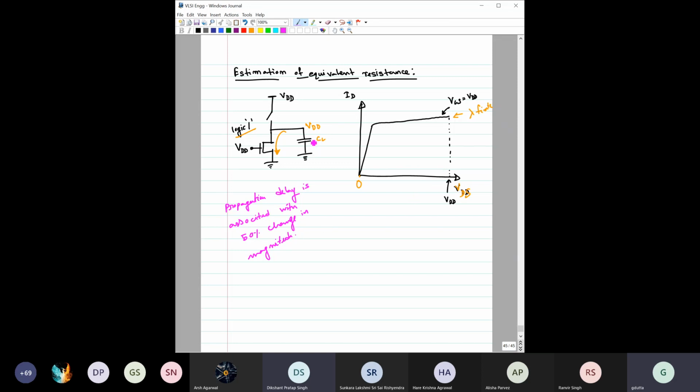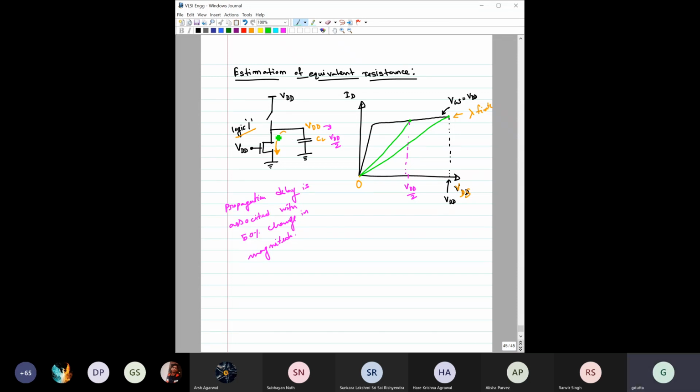So when the output is changing from VDD to VDD by 2, there is one resistance at this point and another at that point. If you can find the average resistance between these two, that would give you an estimate of the average resistance for this NMOS.